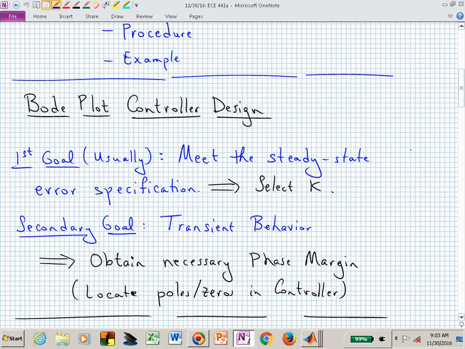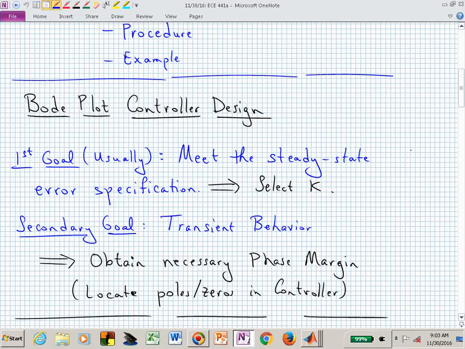In the root locus, we typically found from our design specs desirable locations in the S-plane, and that basically fixed our transient behavior. Then we fixed those poles and we just checked our steady state error as an afterthought. With Bode plot, we're really doing the opposite.